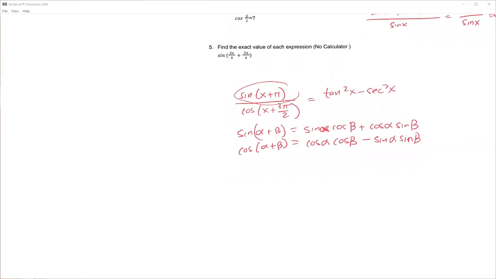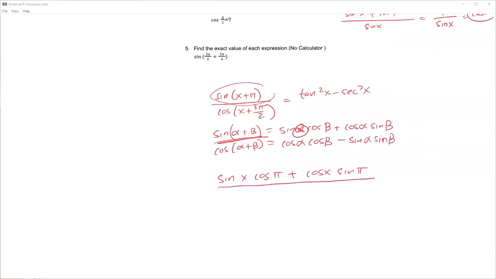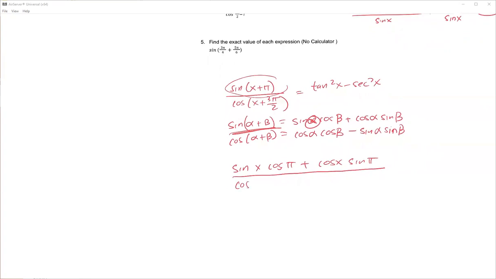So if I use this right here, the top is sine x cosine pi plus cosine x sine pi, all over cosine x cosine pi plus or minus sine x.